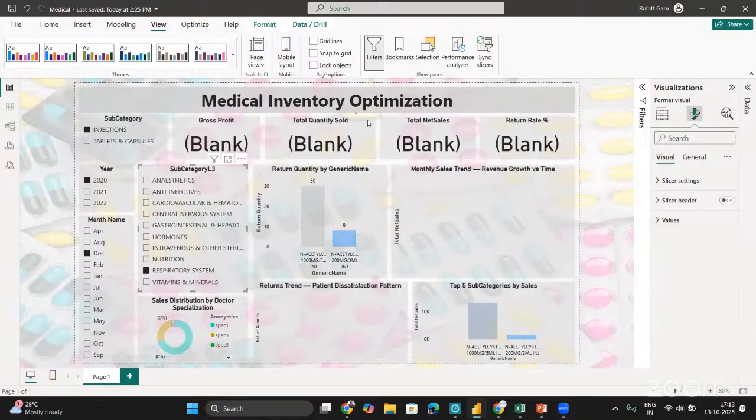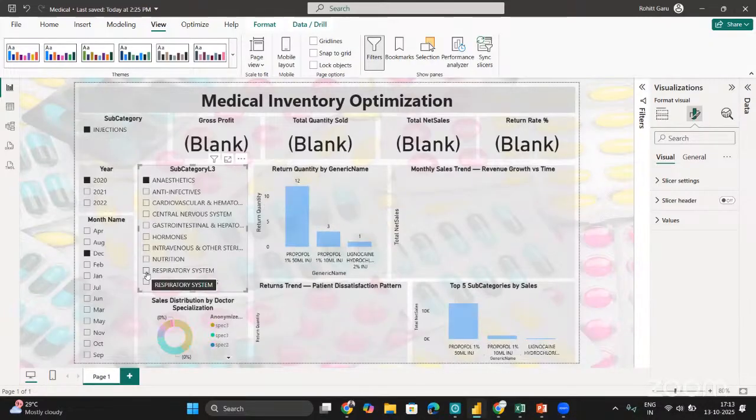No gross profit, no total quantity sold, no total net sales. So now we are checking anesthesia. See, return quantity by anesthetics, we got 12 quantity returned, and for propofol 3 quantity, and lidocaine 1 quantity.